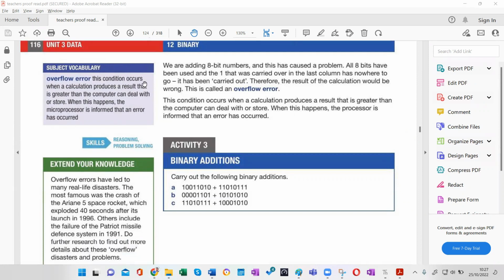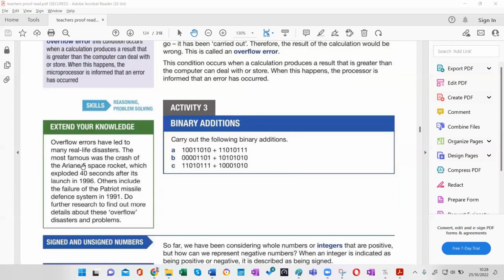Overflow error, this condition occurs when a calculation produces a result that is greater than the computer can deal with to store, right? So as an example, if you are dealing with 8-bit numbers, and if the resulting value has 9 bits, the last bit will be discarded. As a result, the answer is wrong. This is called overflow error.